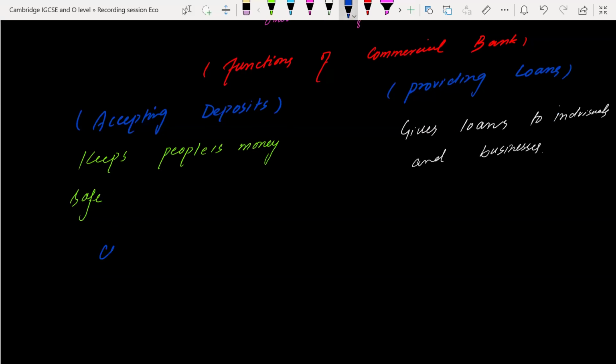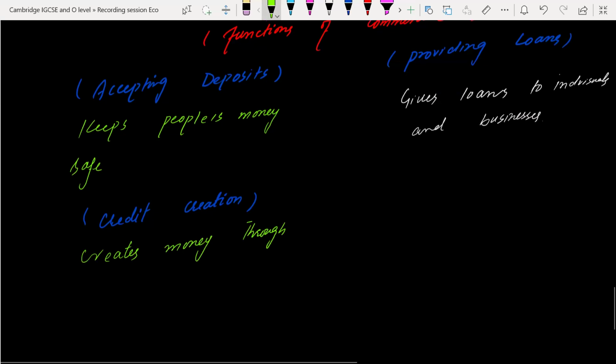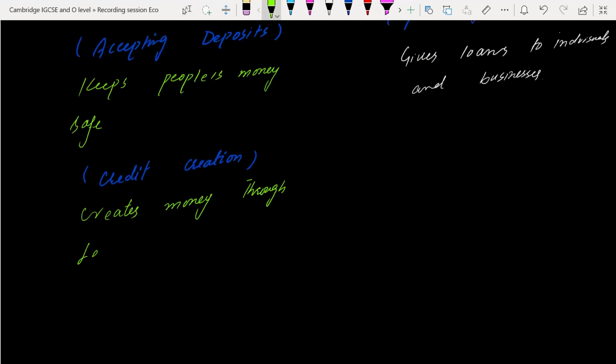Credit creation, creates money through lending.